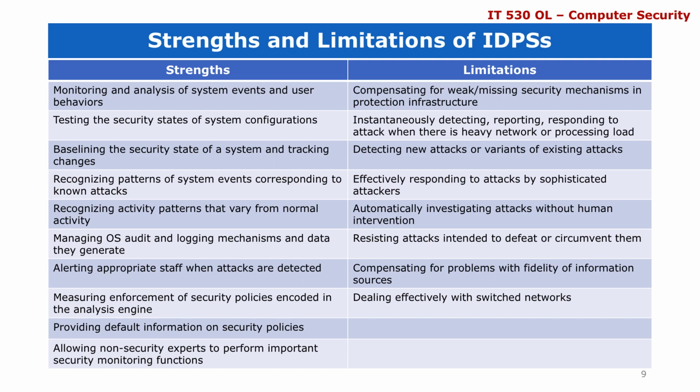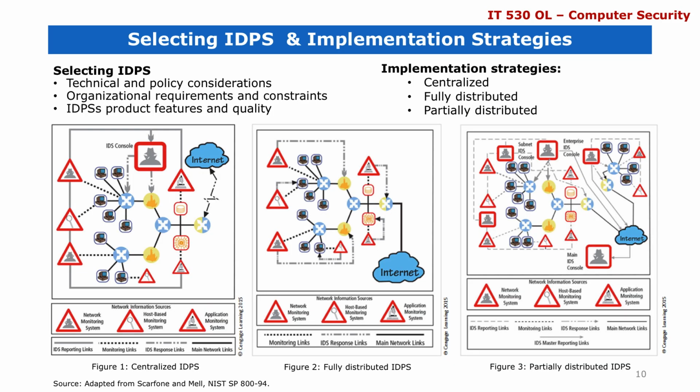Next, we are going to look into the different implementation strategies. But before then, we are going to just quickly talk about how do you select the best or rather the right IDPS. That is keeping in mind what are the technical and policy considerations. So what are the technical requirements of the organizations and would this IDPS system satisfy those technical requirements? Same thing. What are the policy considerations?